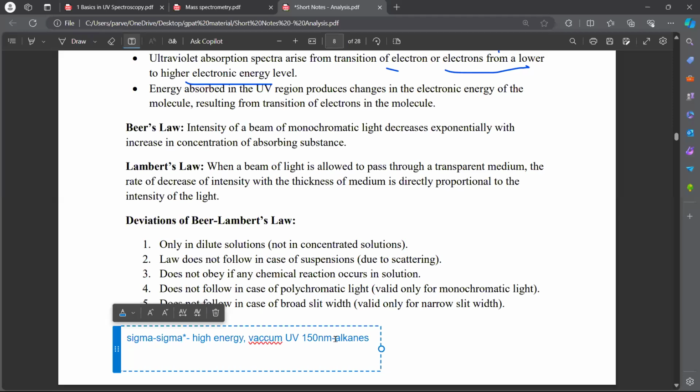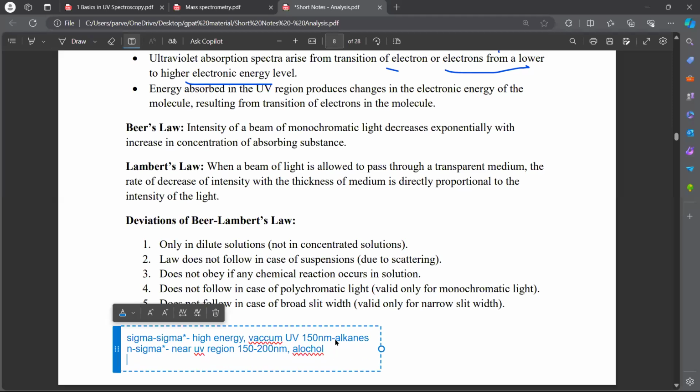Next, while coming to n to sigma star, it falls in the near UV region, basically between 150 to 200 nanometers, and it occurs in which type of compounds? The n to sigma star in halogens. Great. Next, alkyl halides, alcohols, etc. Amines. Great.